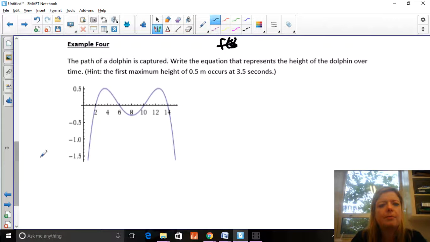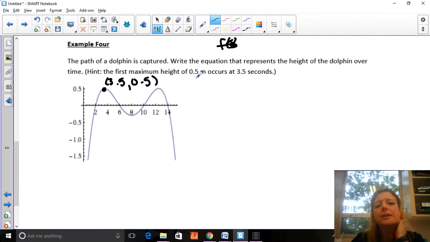Okay, here's another example. We have the path of a dolphin. Write the equation that represents the height of the dolphin over time. Hint: the first maximum height of 0.5 meters occurs after 3.5 seconds. So we can label this as (3.5, 0.5). This is a situational problem, so we need to identify variables, don't forget.